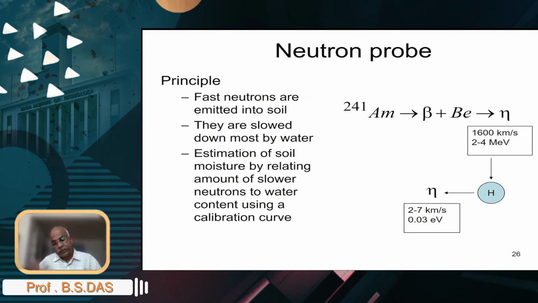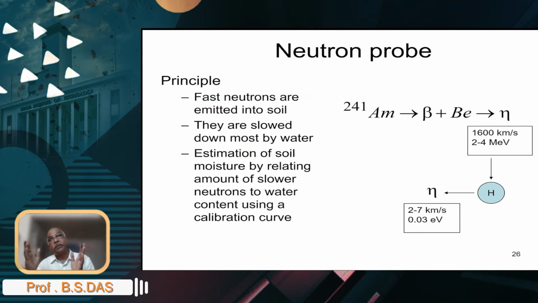So the measure of how many neutrons are thermalized compared to how many neutrons you started with, that ratio of the slow neutrons to the fast neutrons after the collision process, should be directly proportional to the number of hydrogen atoms present.